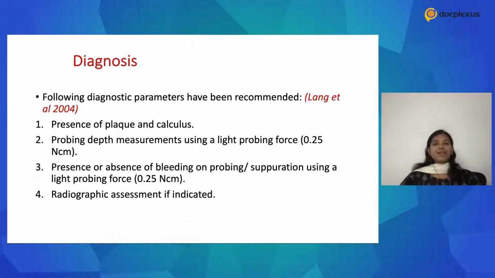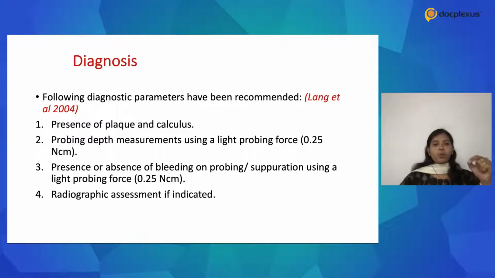According to an author, this diagnostic part can be subdivided into presence of plaque and calculus, and probing depth measurements. Normally, the probing force should not be more than 0.25 Newton centimeter. Next, presence of bleeding on probing.